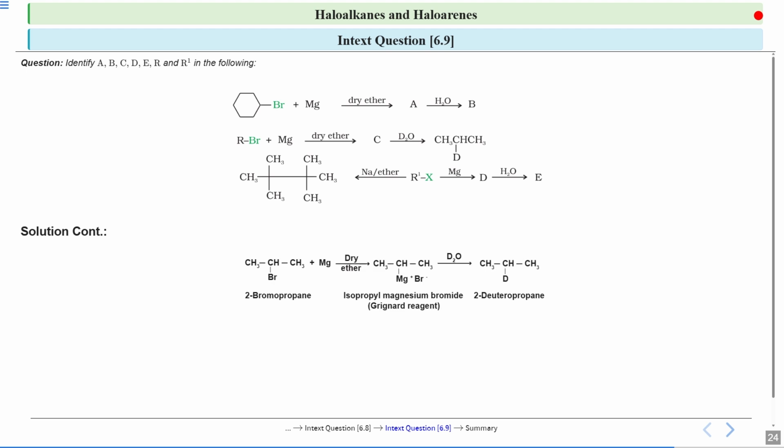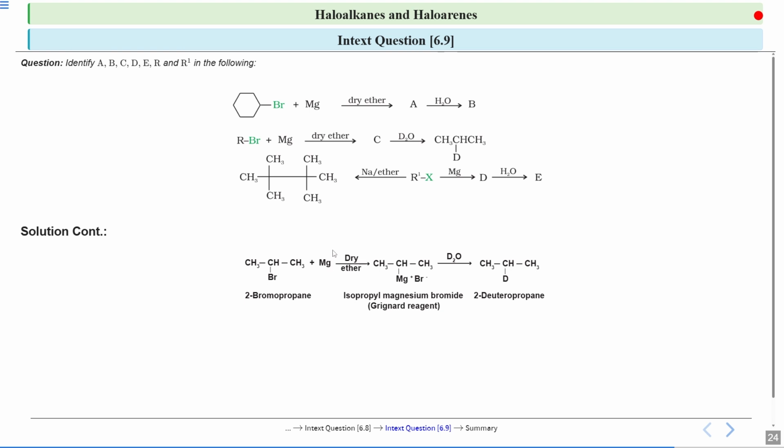Now, when you see the second reaction, this RBr, your R is basically this propyl group, CH3CHCH3, and this alkyl halide is 2-bromopropane.